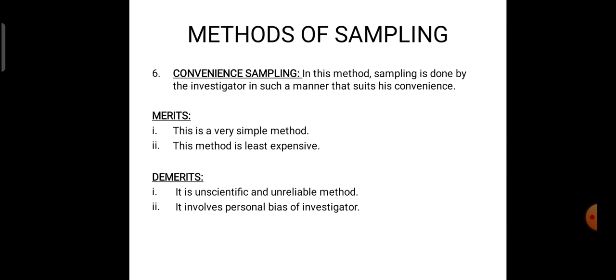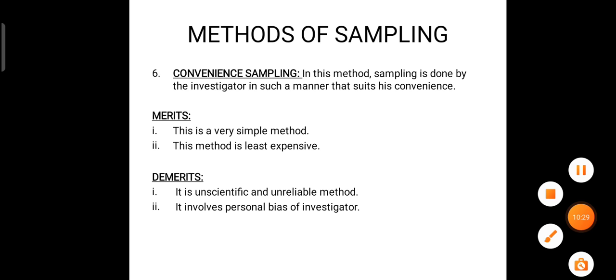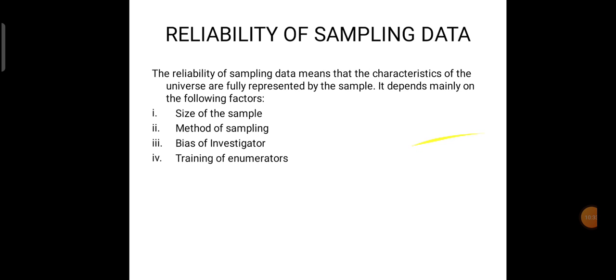And the second is, it involves personal bias of the investigator. Here the personal bias is very common, because as the data is collected according to the convenience of the investigator, it is simple that he will be biased in selecting the items in his sample from the universe.